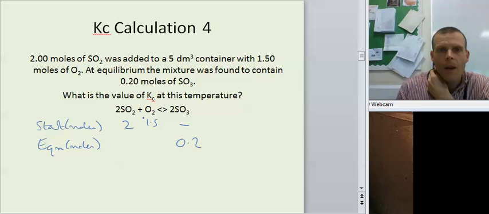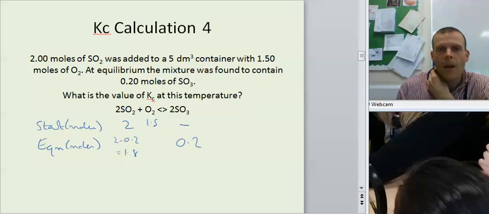So, how do I deduce what these were? Well, that's a 2 to 2, 1 to 1 mole ratio. So if I made 0.2, I must have used up 0.2 of that, which means it's going to be 1.8. And this one here is 1 to 2. So that means my 0.2 would have come from 0.1, which means what's left there is 1.4.